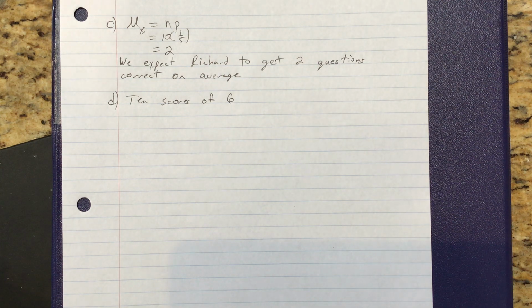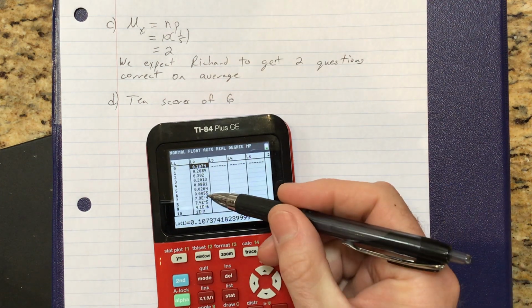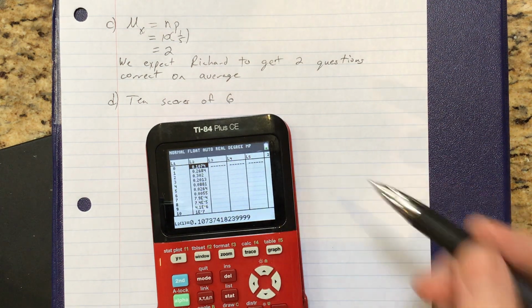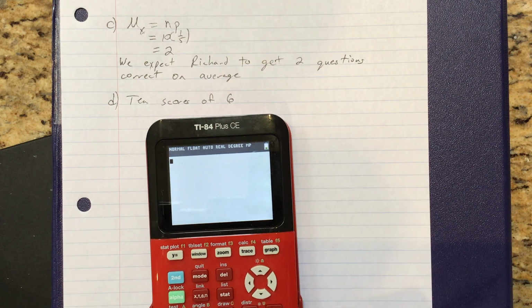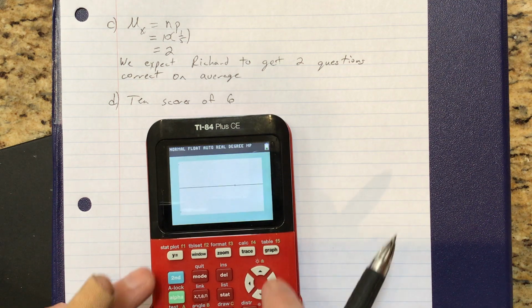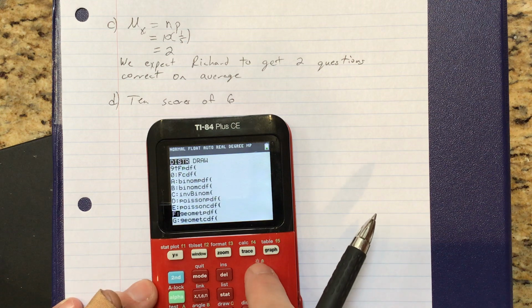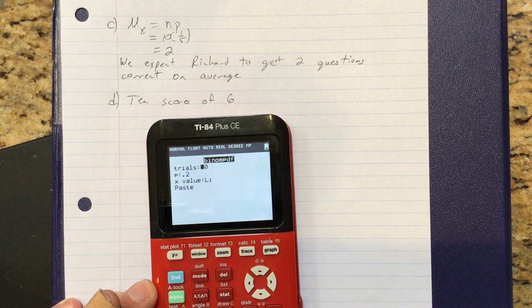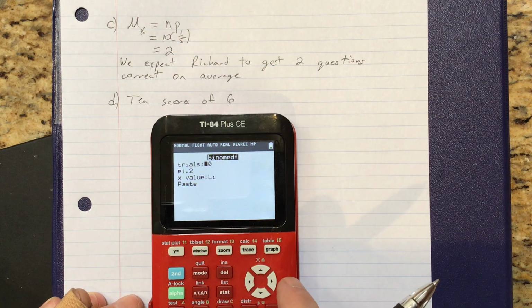So probability of 6, I have it in my table here, 0.0055, but let's go ahead and just calculate that one directly so we have all the decimal accuracy. Binomial PDF, trials 10, X value 6.